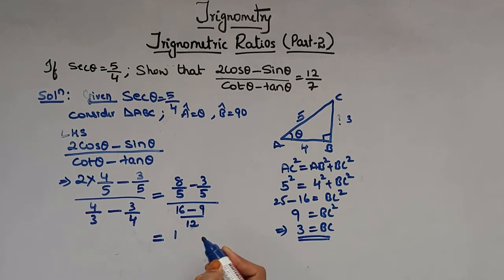So we are left with 1 in the numerator, right? By 16 minus 9 is 7. So 7 by 12, which is nothing but 1 divided by 7 by 12. When we bring this to the numerator, that will be 12 by 7, right? Which is equal to 12 by 7.